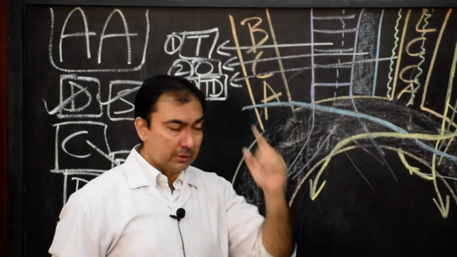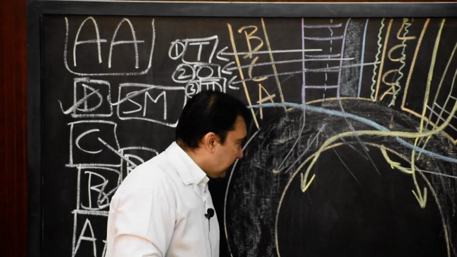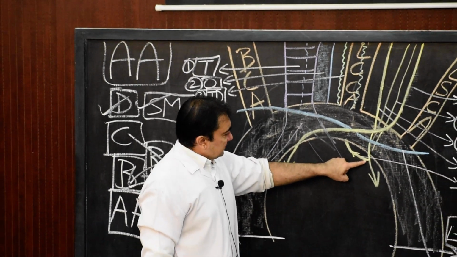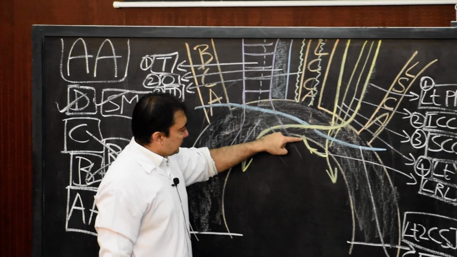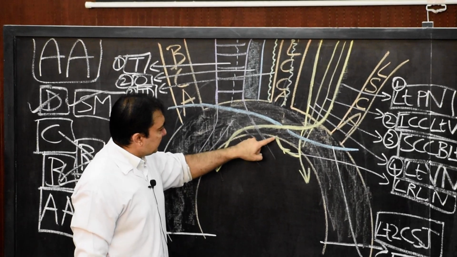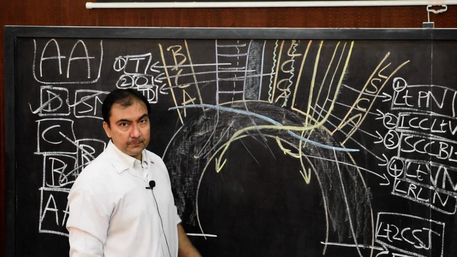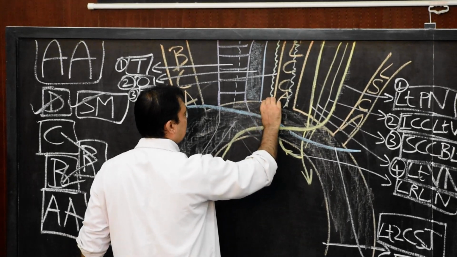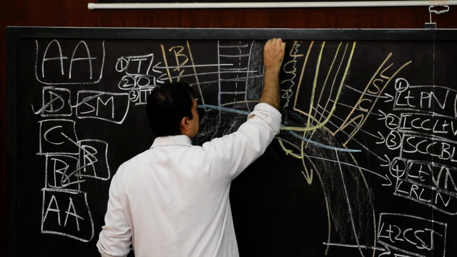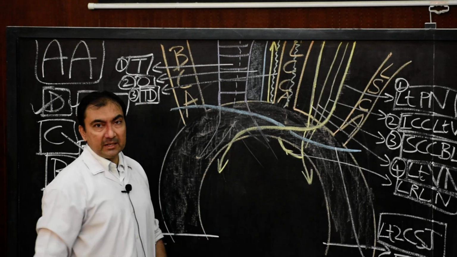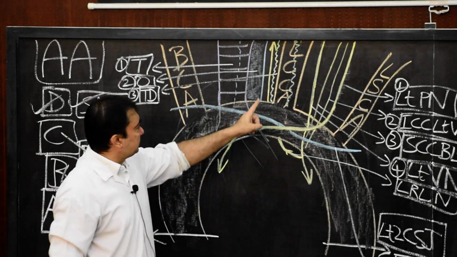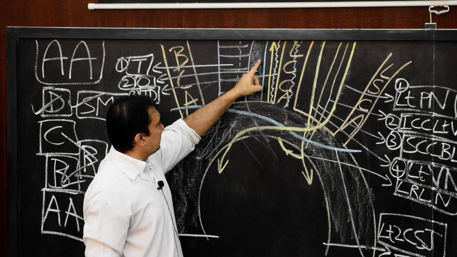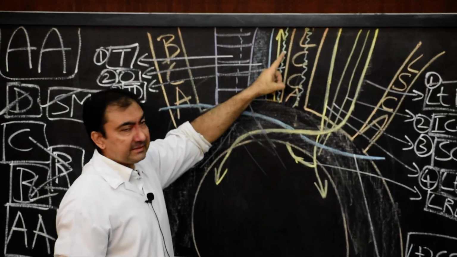And structure number 4. Now here comes the important part. Here we have discussed the left recurrent laryngeal nerve, which is a branch of the left vagus nerve. It will arch posteriorly behind the trachea, and then it will continue upwards. So this is the place where the left recurrent laryngeal nerve is present, as we can see between the margin of the esophagus and the thoracic duct.